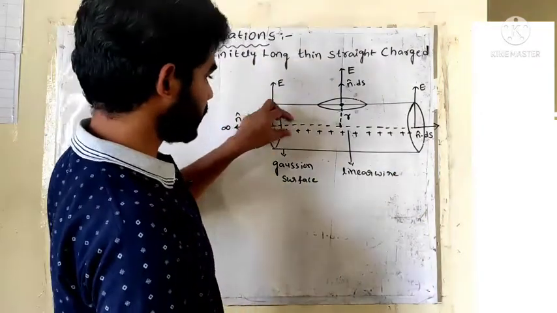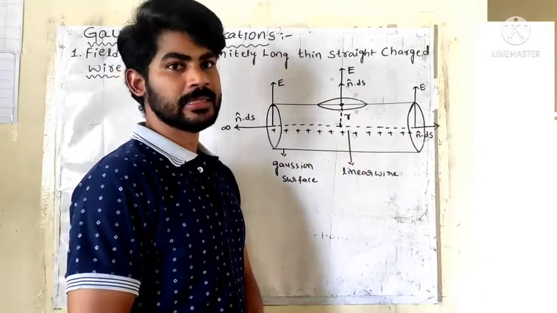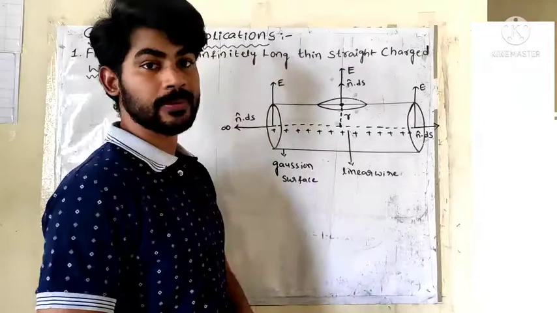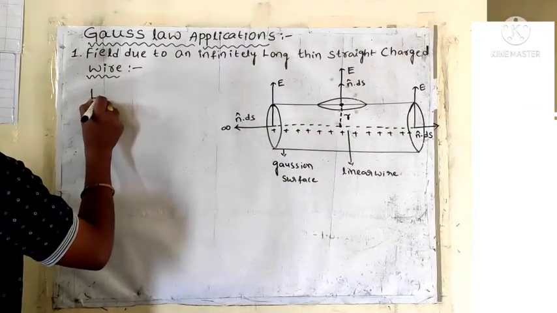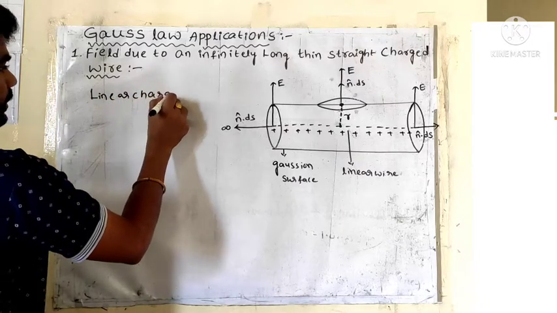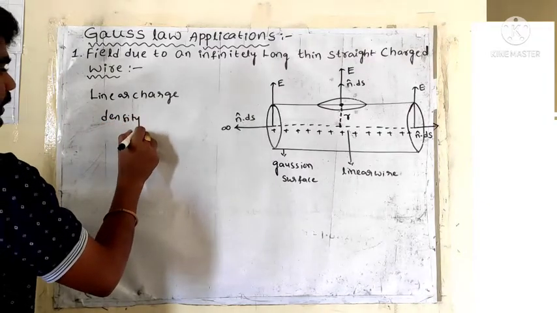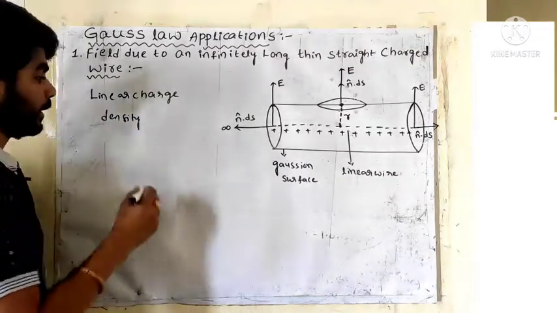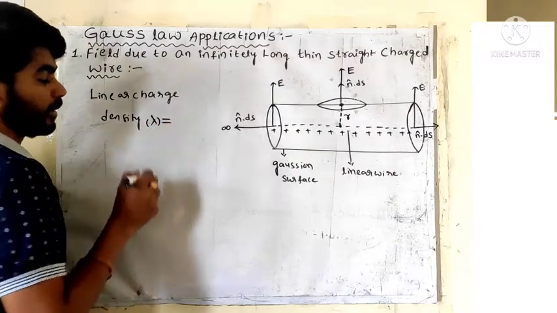Now charge is distributed linearly, so we can calculate the linear charge density. Linear charge density is denoted by lambda.